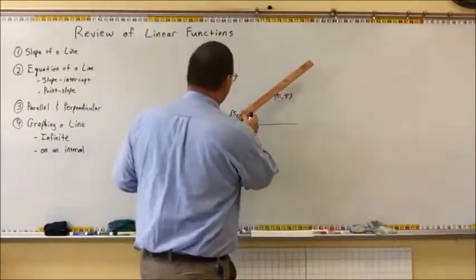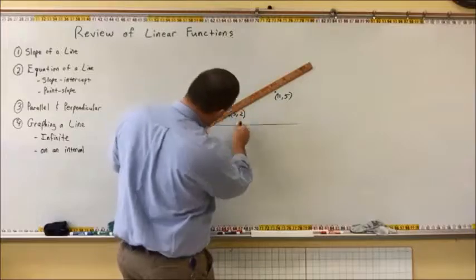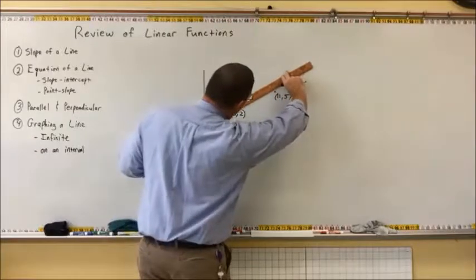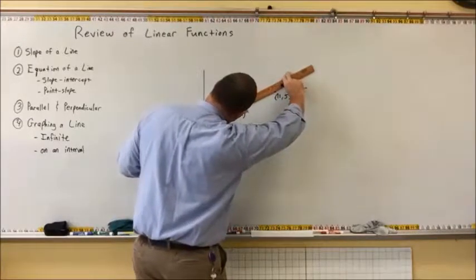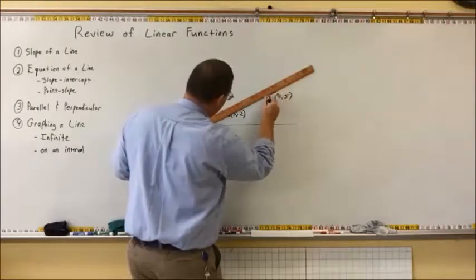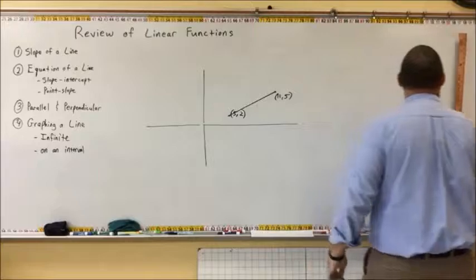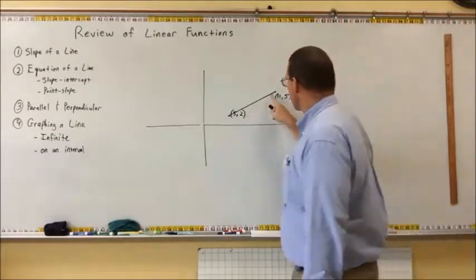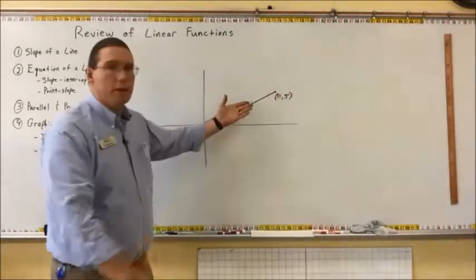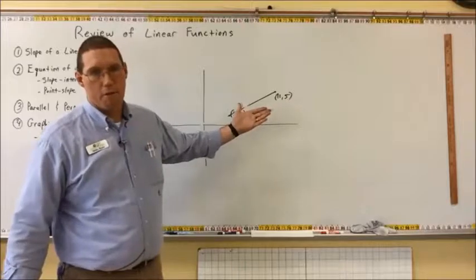If I take a ruler and connect these 2 points and draw a straight line, what we want to know is, what is the slope of that line? Just looking at it, I can tell it's a positive slope.